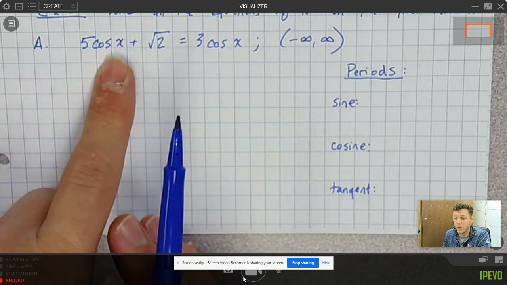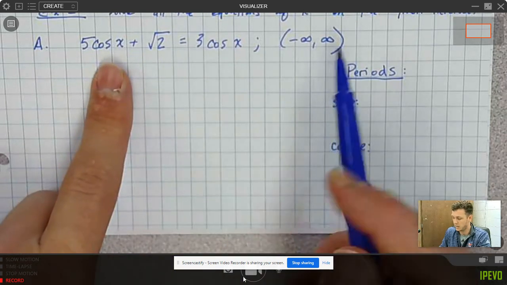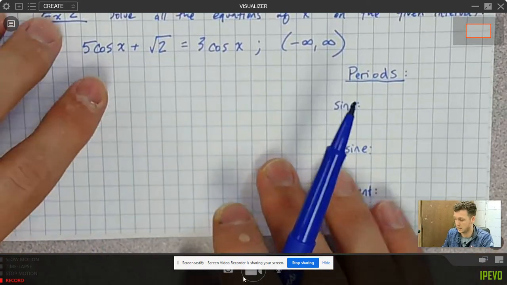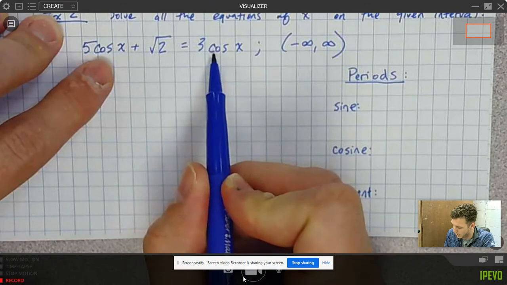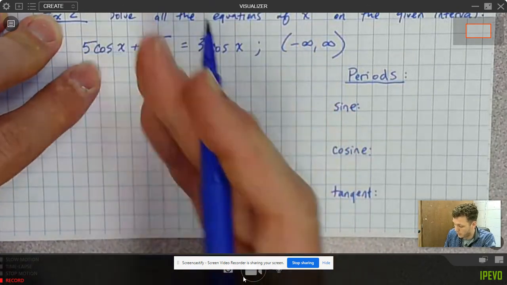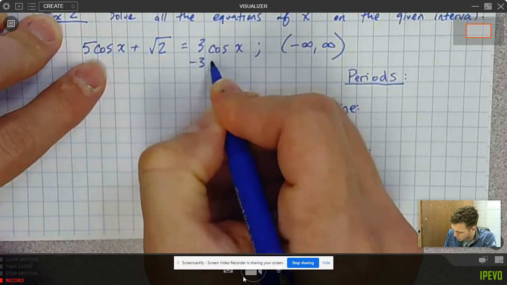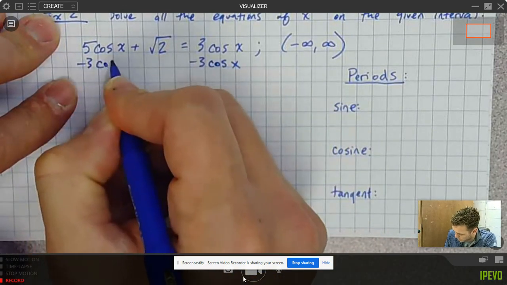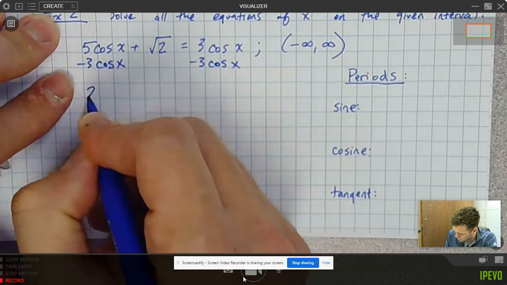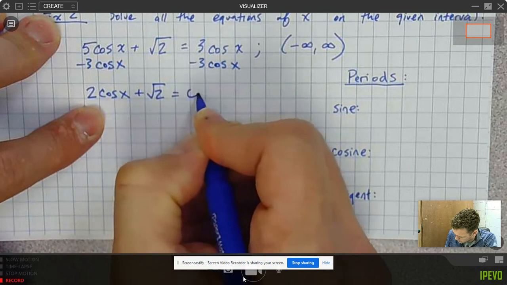I've got to combine like terms, so here I'm going to subtract 3 cosine of x. Because this is cosine of x as well, we can combine those, and that gives us 2 cosine of x plus the square root of 2 is equal to 0. Now we're going to solve for cosine of x like we would solve for x. I'm going to subtract square root of 2, and I'm going to divide by 2.